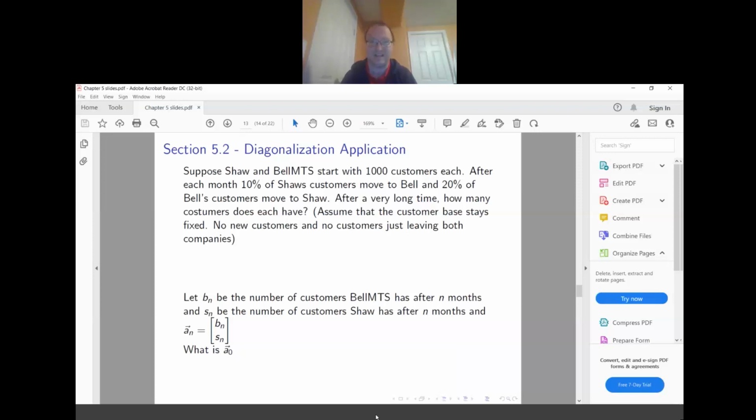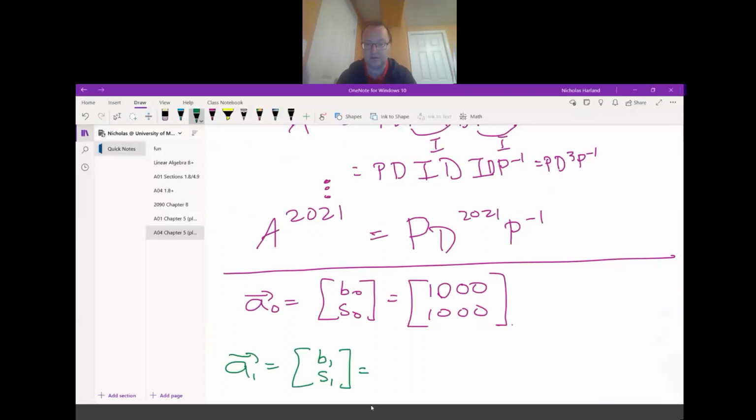Sorry, let me rephrase that. 10% of what? Yeah. So we take how many Shaw had, take 10% of that, and add that to Bell. So we're going to get 10% of Shaw. So S0.